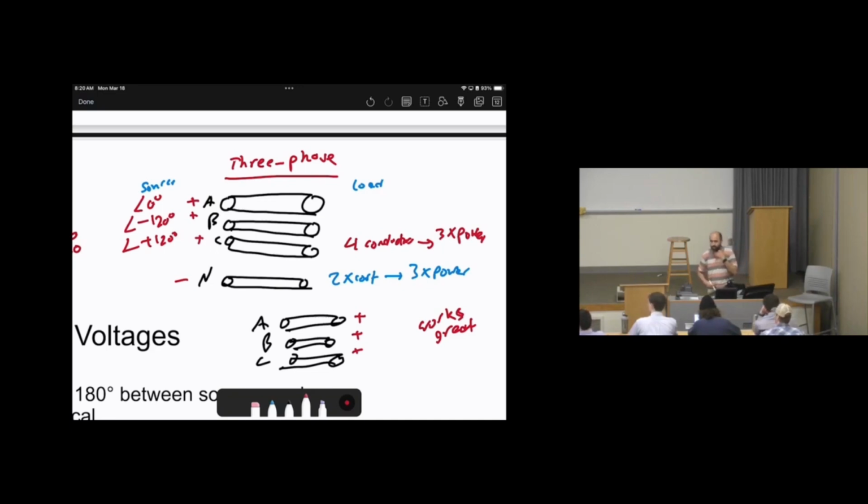So we have a cheaper option than 3-phase: 5-phase.